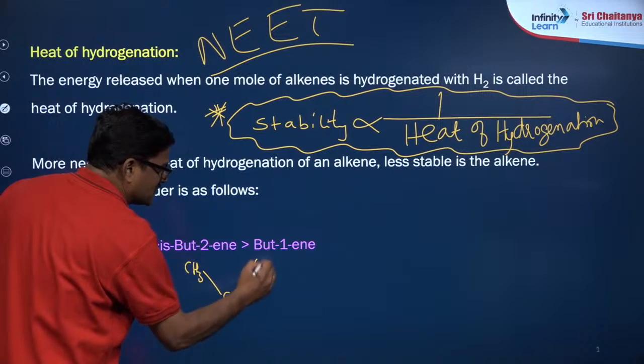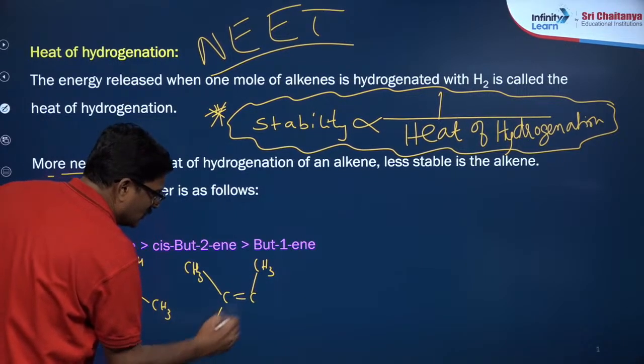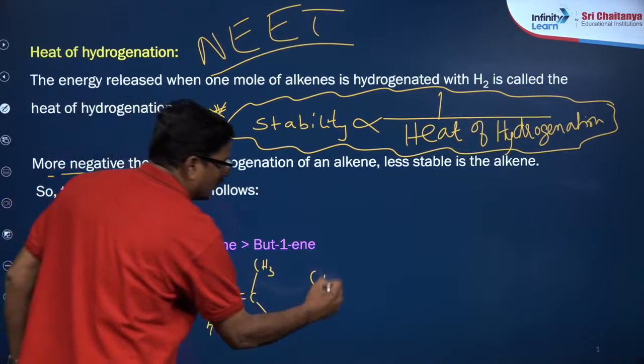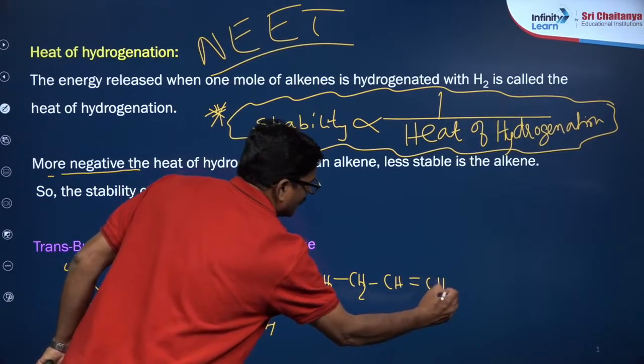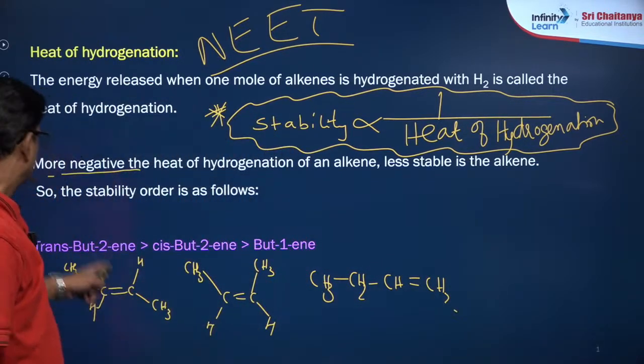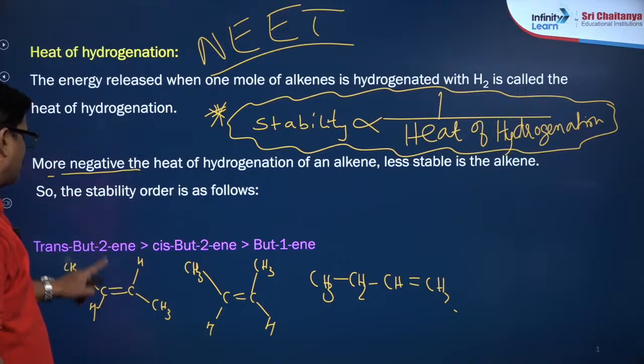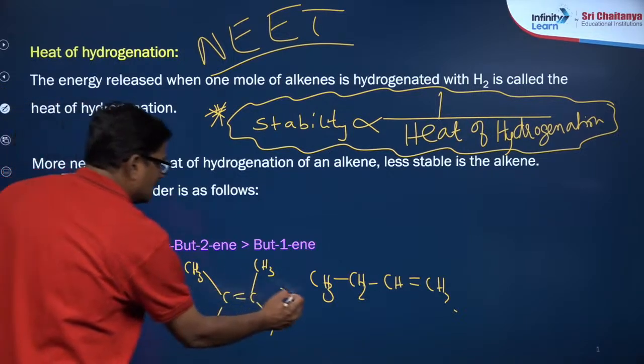This is the structure of cis-but-2-ene, children. And but-1-ene, CH3, CH2, CH double bond CH2. So in this, the stability follows this order.